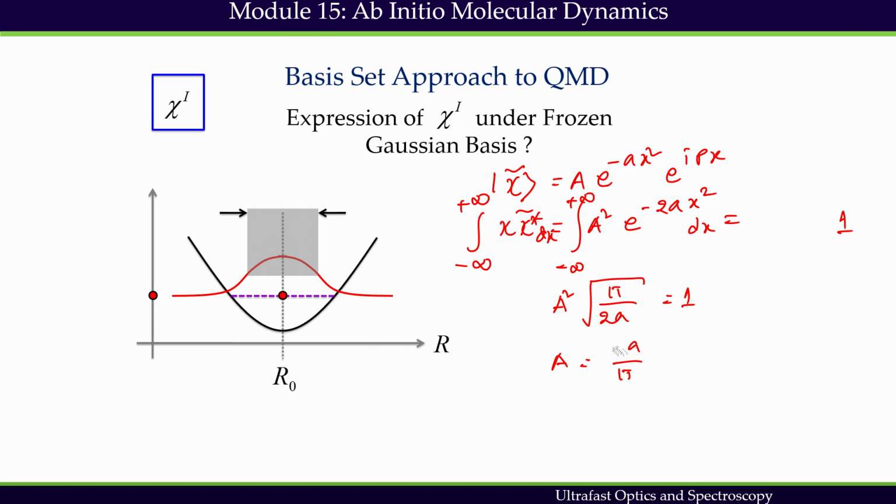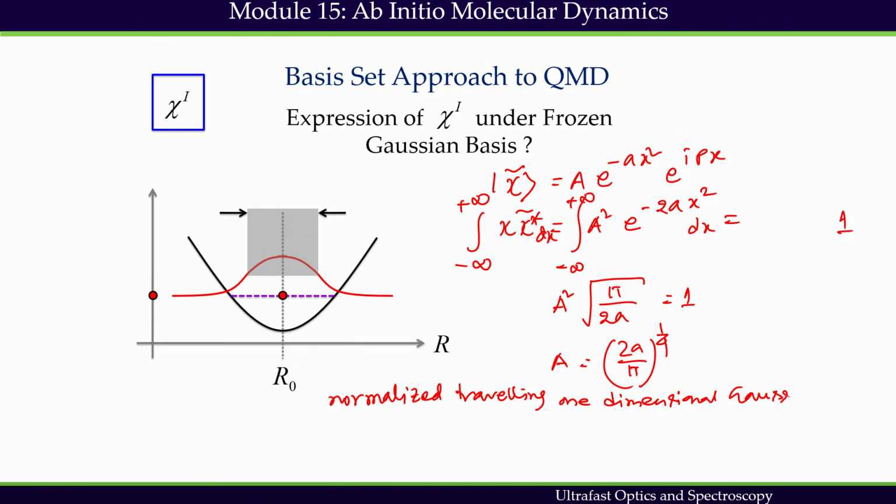this is not going to be square root. A is going to be 2a by pi to the power 1 by 4, and so one can write down the normalized one-dimensional traveling Gaussian like this: 2a by pi to the power 1 by 4 e to the power minus a x square e to the power i p x.